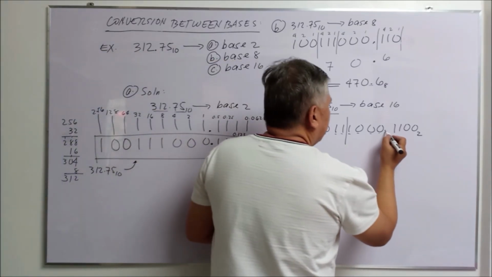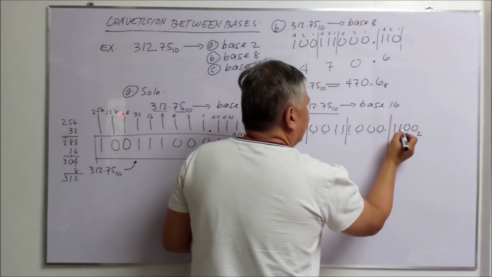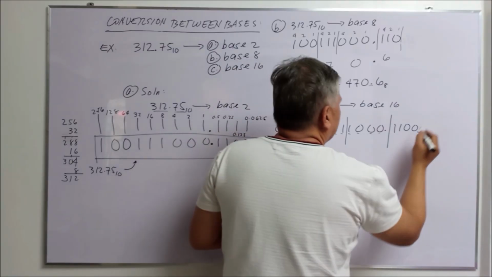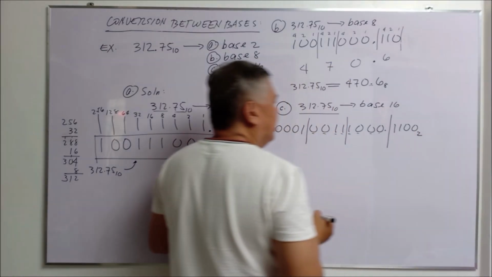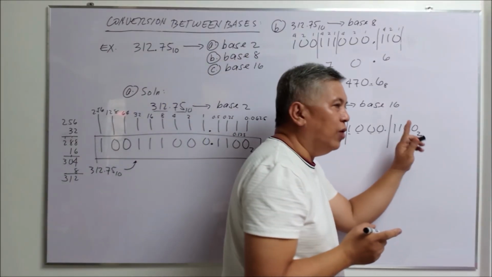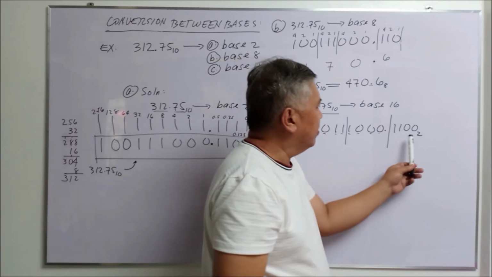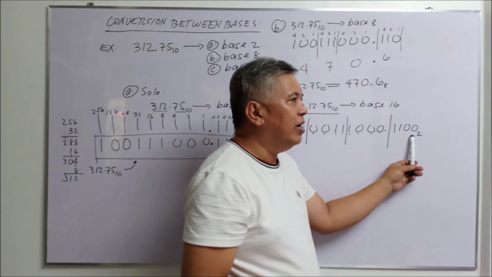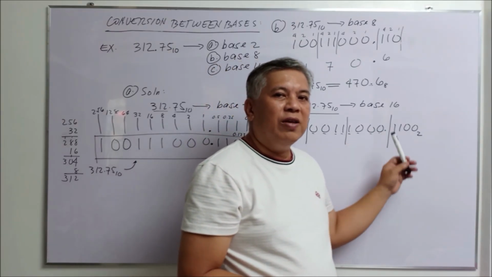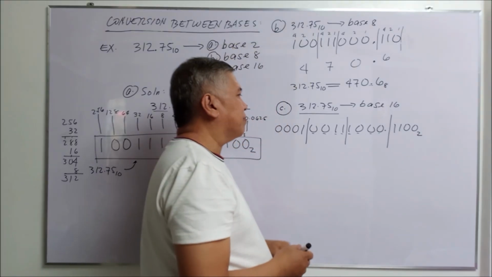Then, from the binary point, you put the boundary, you count 1, 2, 3, 4 going to the right. Since it is 4 digits each, then it is square. In case it is lacking, you have to add a 0, because adding or neglecting a 0 here, which means the number of digits is not square, will have an effect on your final answer.